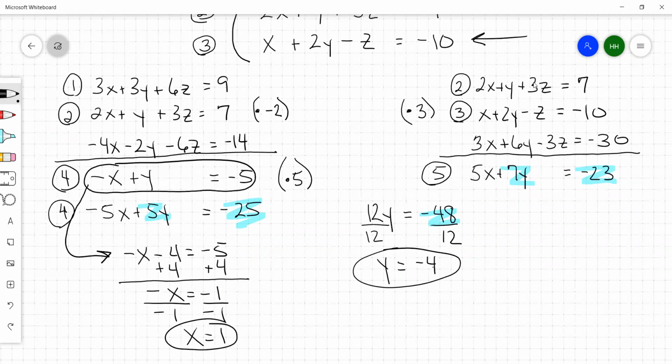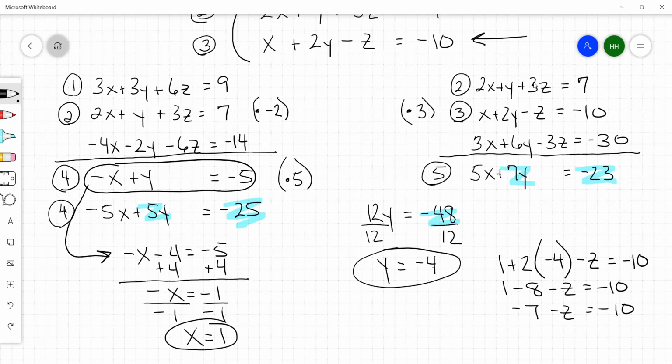So where there's the x, I'm going to put a 1 plus 2 times our y, which is negative 4, minus z is equal to negative 10. So I get 1 minus 8 minus z equals negative 10. The 1 minus 8, negative 7 minus z equals negative 10.